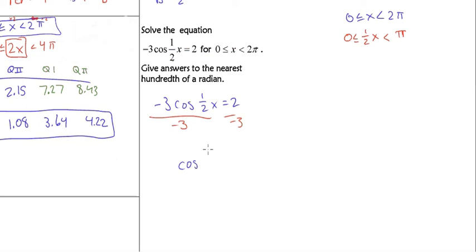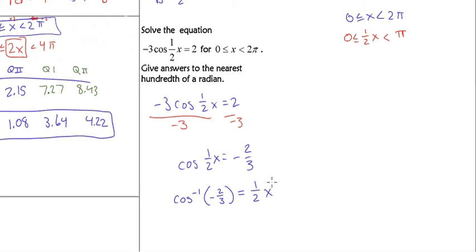That gives us cosine of 1/2 x equals negative 2/3. And so we're going to take the inverse cosine of negative 2/3. Oops, forgot my x back up here. And that'll be equal to 1/2 x.